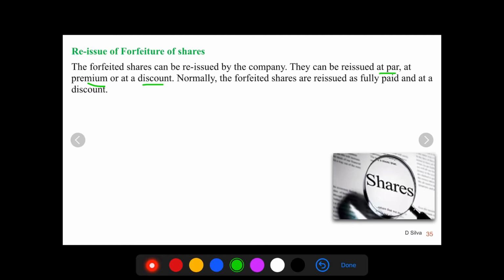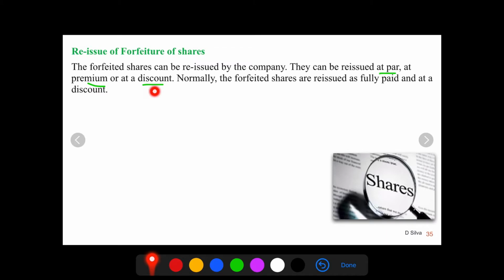That means whatever has been cancelled by the company, they can definitely reissue to the public, what is called reissue of shares. When they are reissuing, they can reissue either at par. You know the meaning of par. You also know the term premium on issue of shares. At the same time, shares can be reissued at a discount.